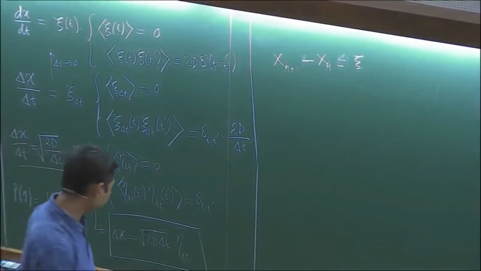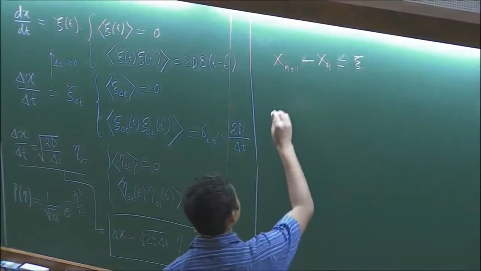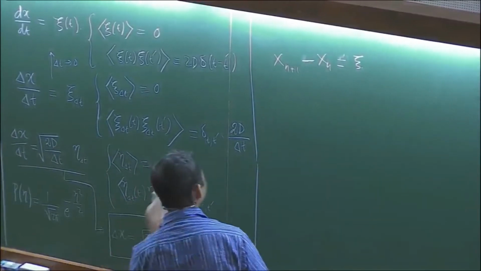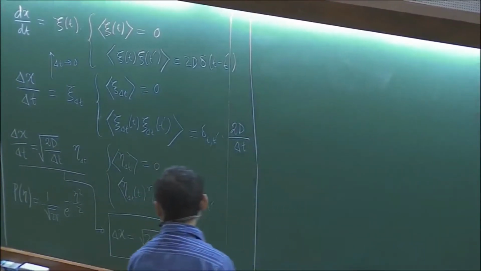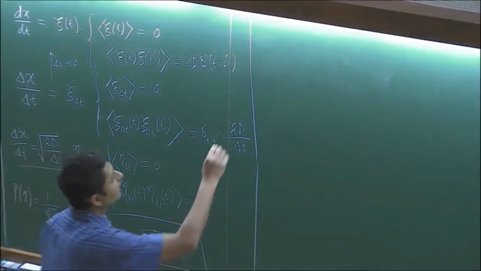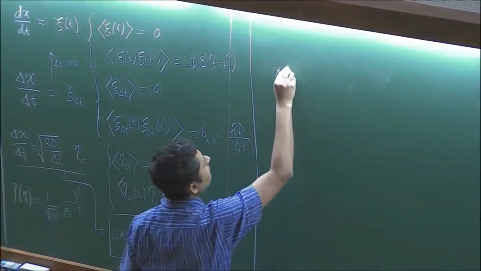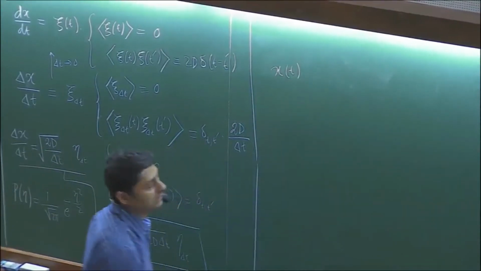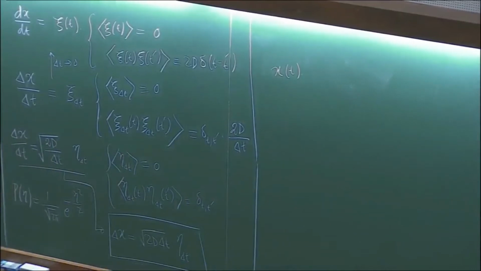Okay? So what is this object? Let's forget this one. Now what are we interested in? We are interested in x of t, the distribution of x of t.